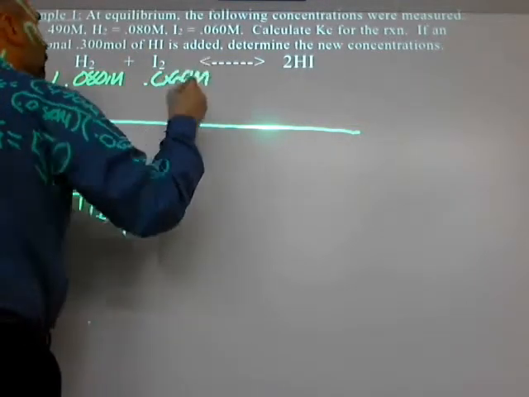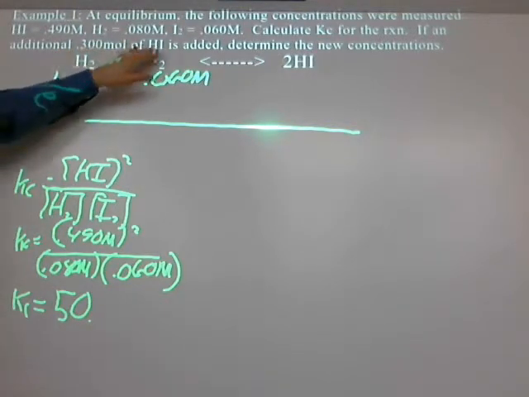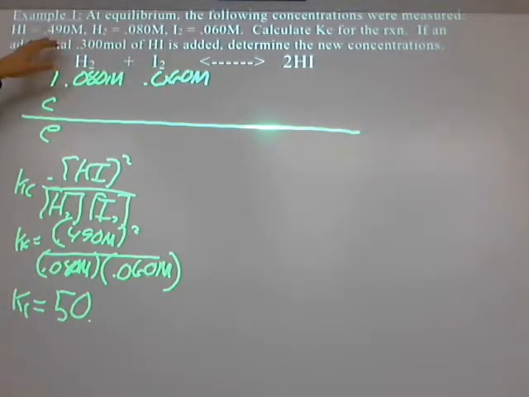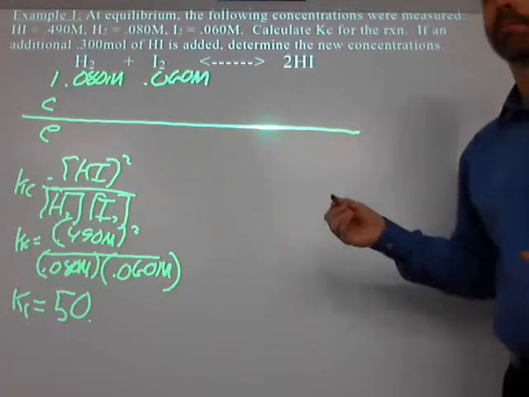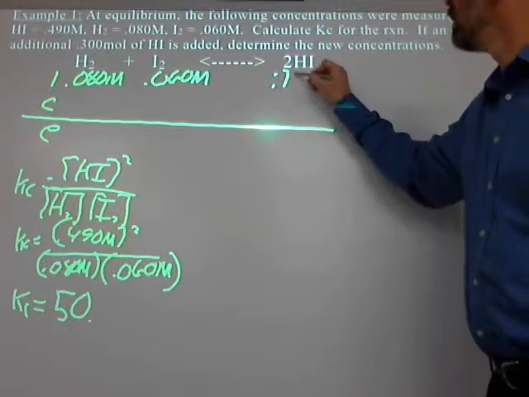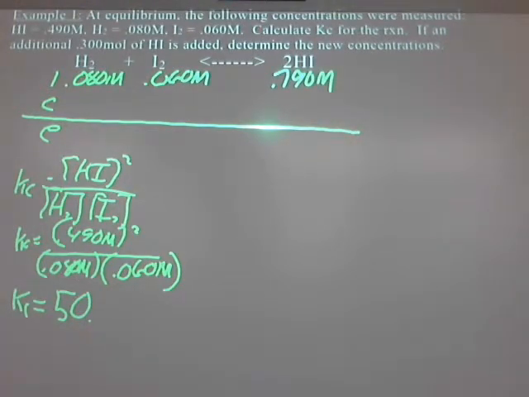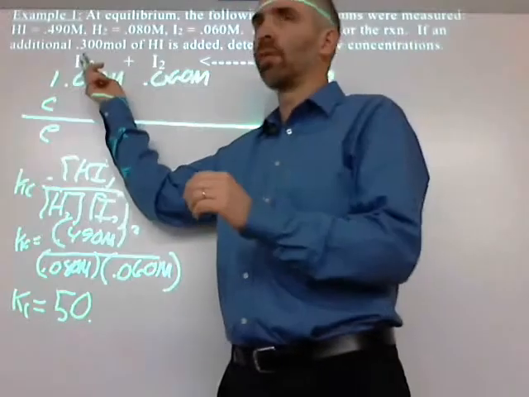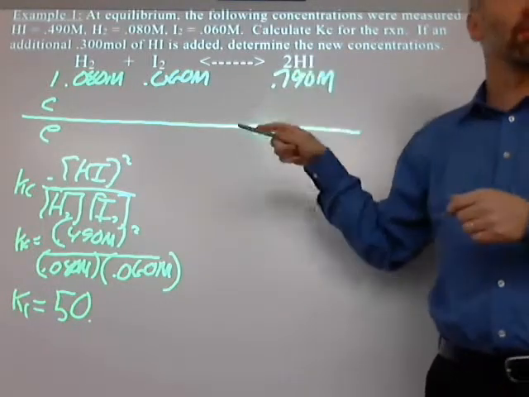I didn't change it. But HI is 0.490 plus 0.3 moles that I added. Add 0.3 to 0.49, what do you get? 0.790 molar. Those are no longer the equilibrium concentrations because I've added the 0.3 to them. They are your new initial concentrations, which are going to change over time.